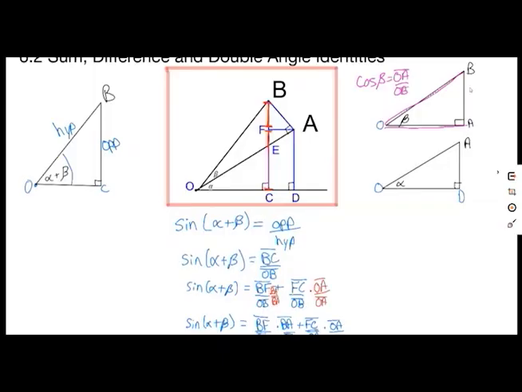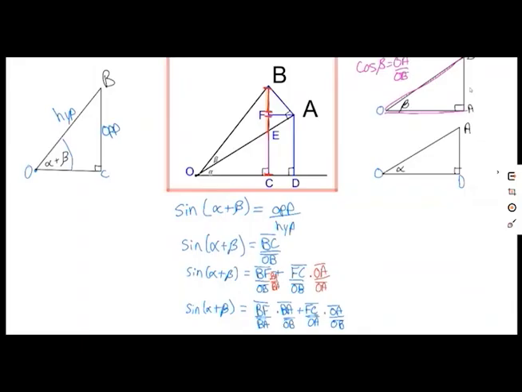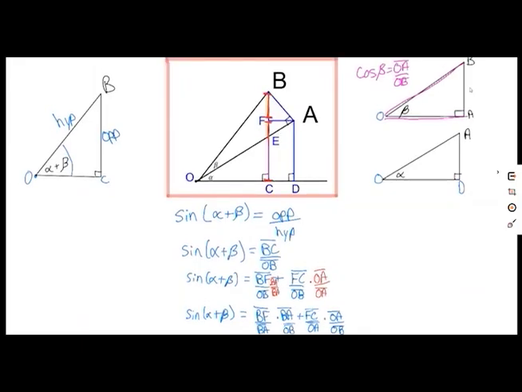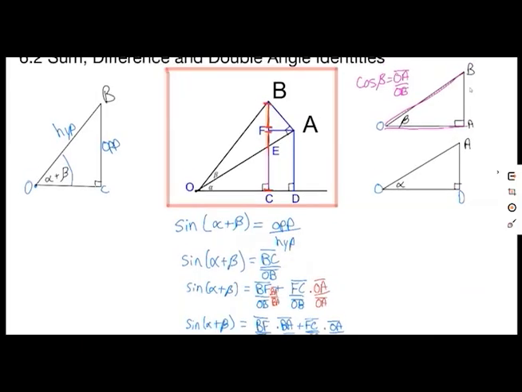Okay, if I then look at BA over OB, that's going to give me the sine of beta, which is BA over OB. And so that gives me that term and that term.